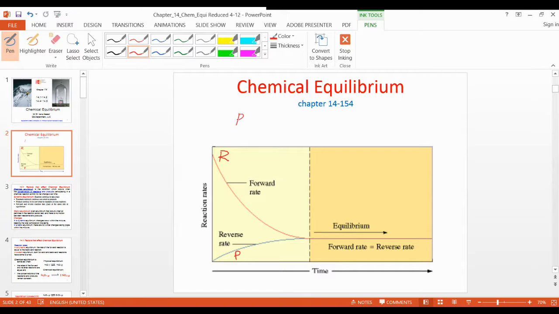Whenever reactant change to product, this is forward reaction. And the product change to reactant, this is reverse reaction.